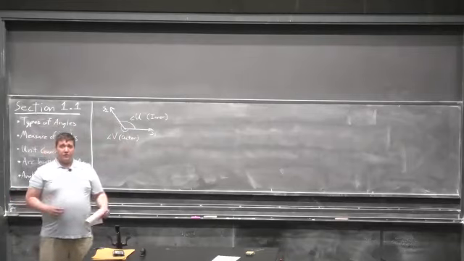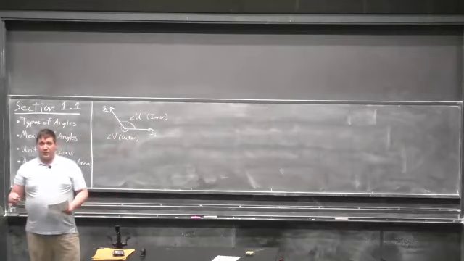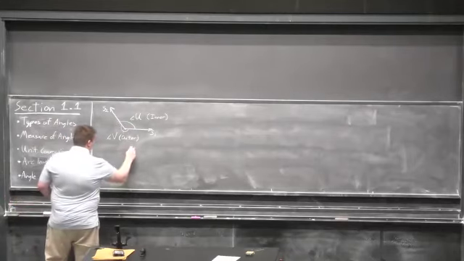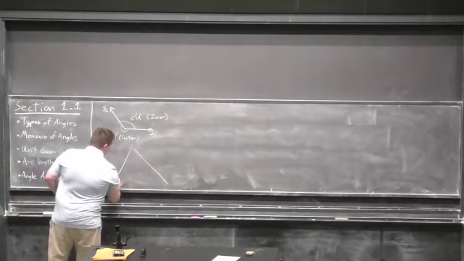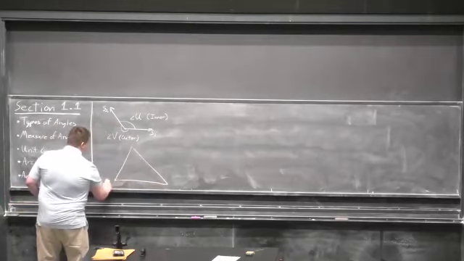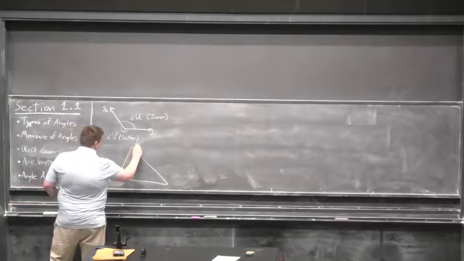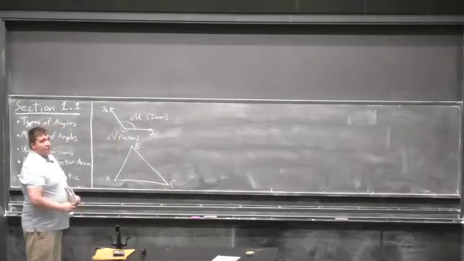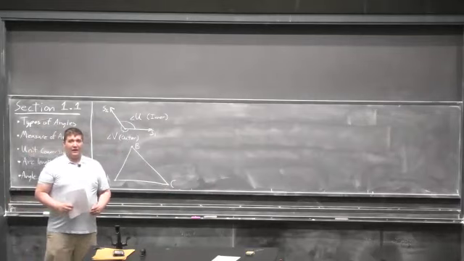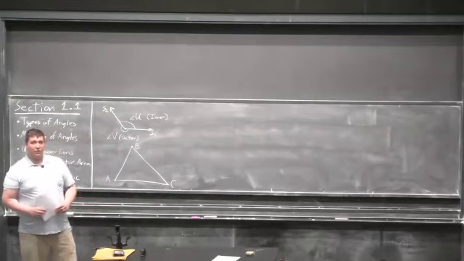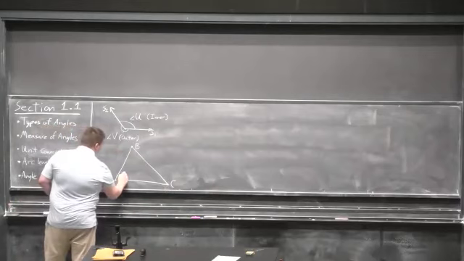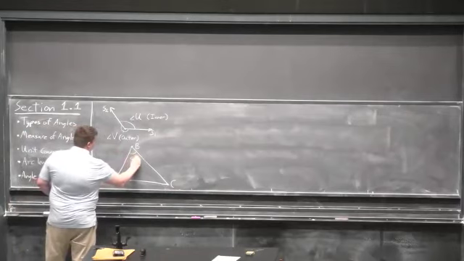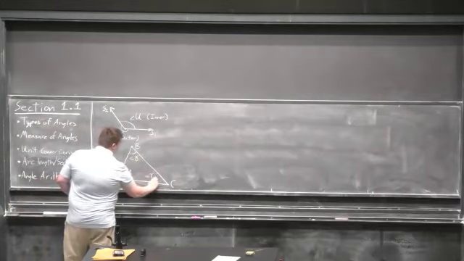And we can construct different shapes with these angles, such as a triangle. If I have a triangle that looks like this, with vertexes A, B, C, we will typically denote angle A as the inner angle for the vertex A. So angle A is here, angle B is here, angle C is here.